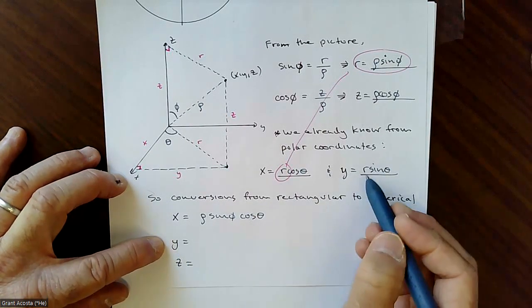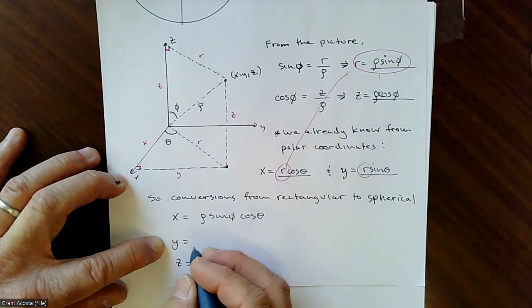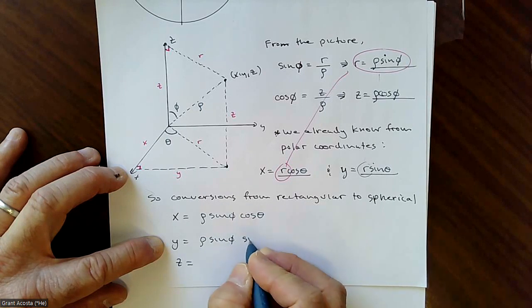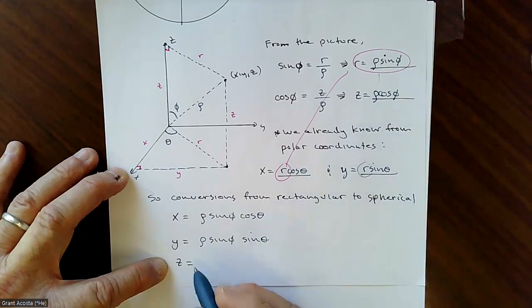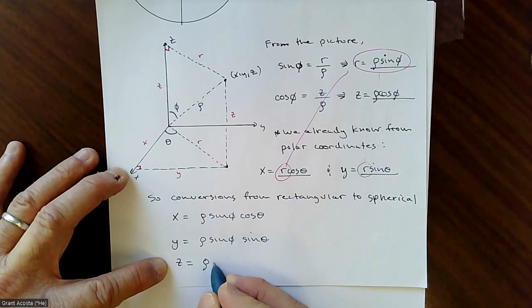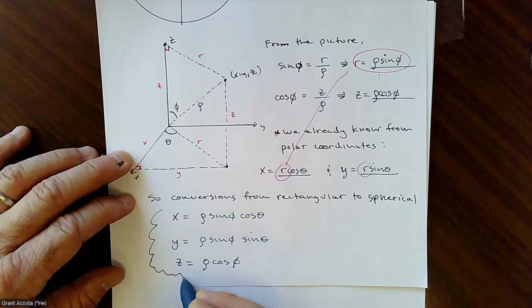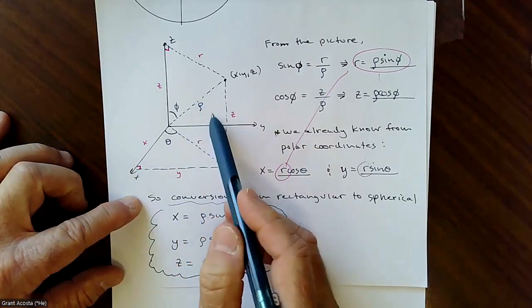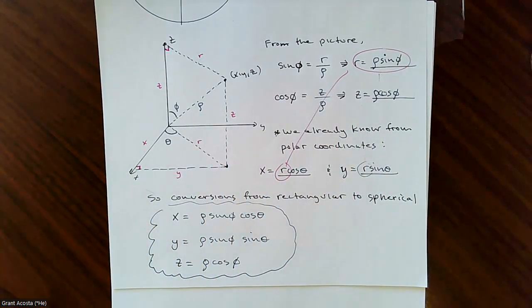For y, same thing. I'm going to substitute this value for r here. So y will be rho sine phi sine theta. And we already solved for z right here. We have that z is equal to rho cosine phi. So these conversions will become important. You should probably know them, or better yet, be able to reconstruct this picture and derive those in case your memory fails you.